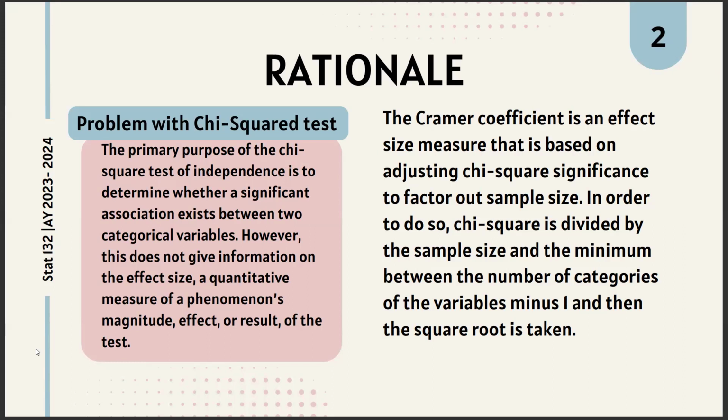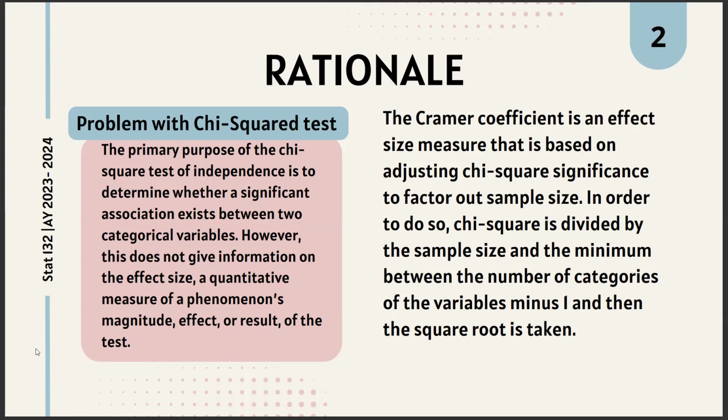The Kramer coefficient is an effect size measure that is based on the chi-square. It adjusts the chi-square significance to factor out sample size. When we look back on our chi-square test of independence, we evaluate whether the observed frequencies significantly differ from what we expect.